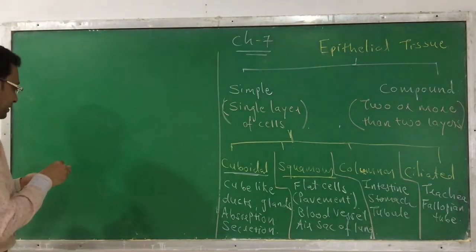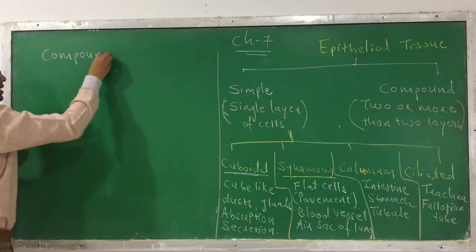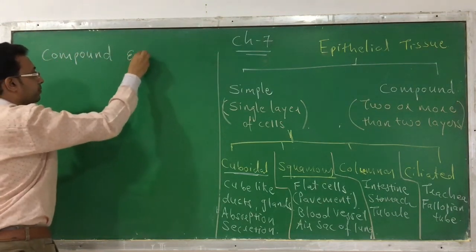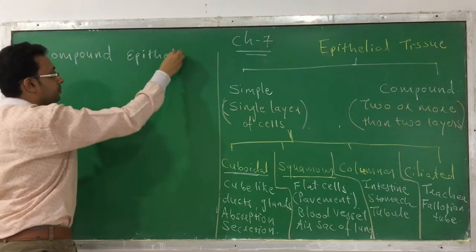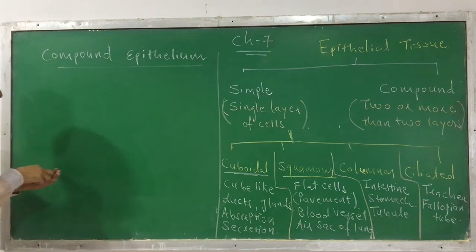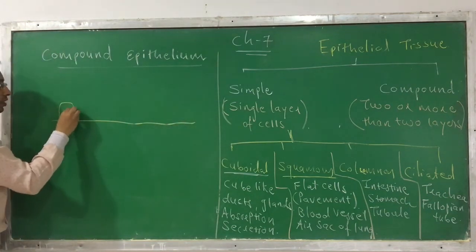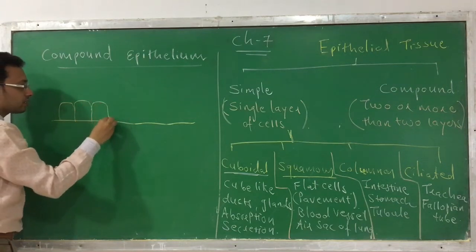In the compound epithelial tissues, I am writing the compound epithelium, there are 2 or more than 2 layers present. Suppose this is a basement membrane. On that there is 1 layer of cells like this.